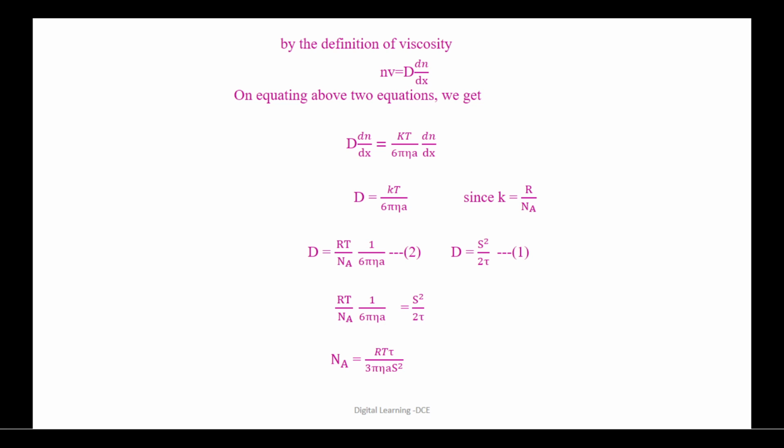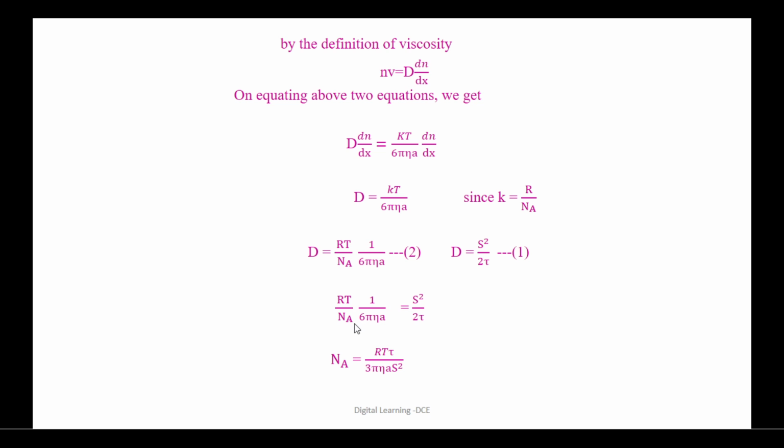So this equation represents the coefficient of diffusion by considering the difference in osmotic pressure, which is caused by the differences in concentration of the suspended particles. The earlier equation we derived by considering irregular motion of the suspended particles. So from these two we can calculate Avogadro's number by equating these two equations.